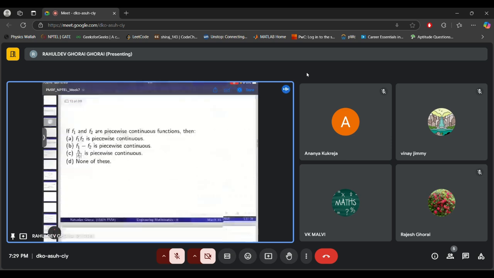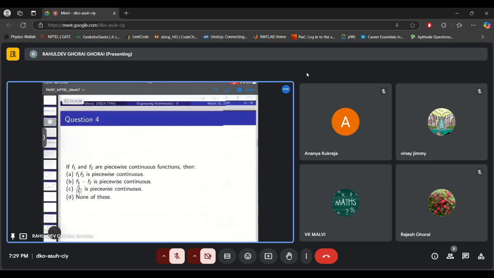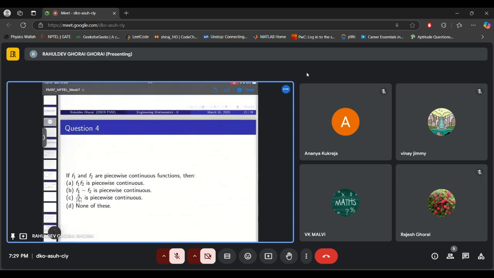I'll move to the fourth question. If f1, f2 are piecewise continuous functions, then the product will also be a piecewise continuous function.